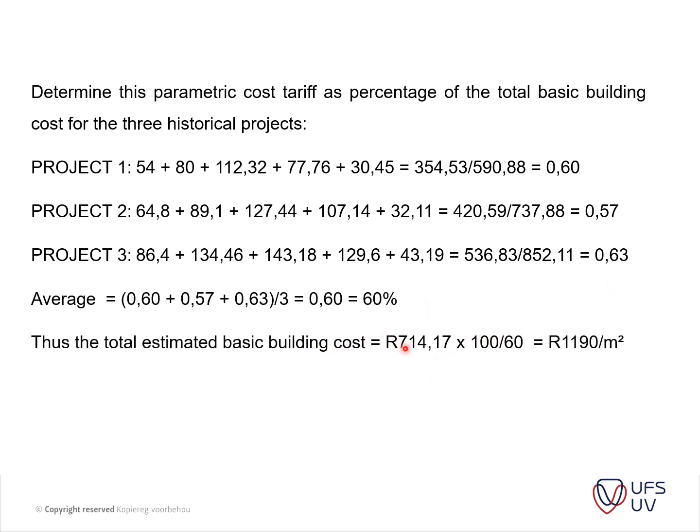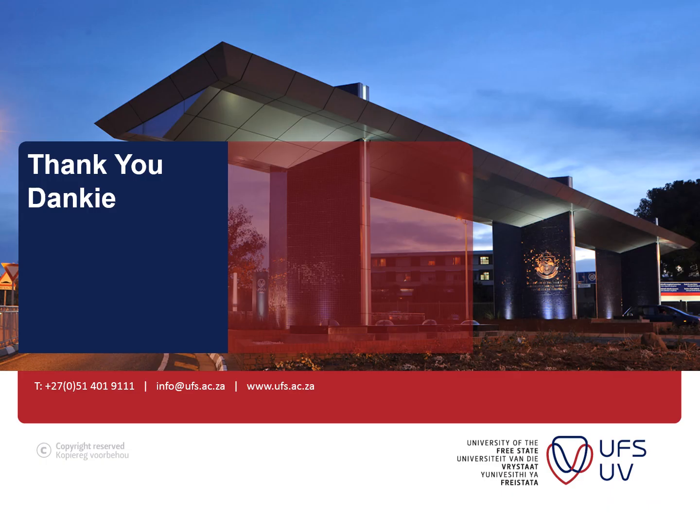You then extrapolate the square meter rate that you already calculated, to derive your final basic rate per square meter. Okay, so you can see this is still just the basic one. You still need to add all of your additional costs to it.